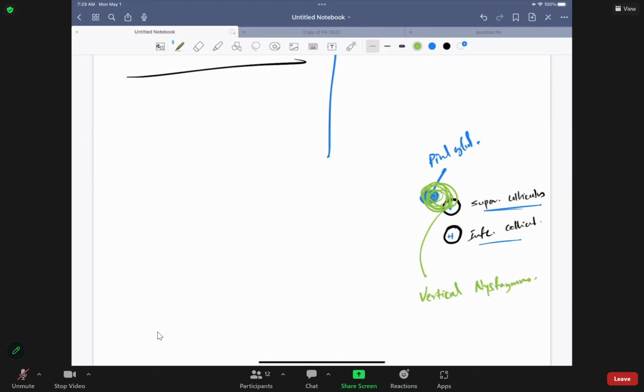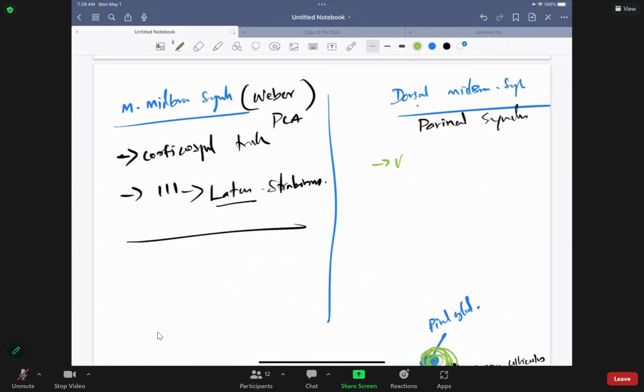I know people get worried with the word nystagmus. What is nystagmus? It's like your eye is shaking, a tremor. There are two types of tremor. It can go horizontally or it can go vertically. This one gives you vertical nystagmus, folks. So I'm going to write one of the symptoms: vertical nystagmus.